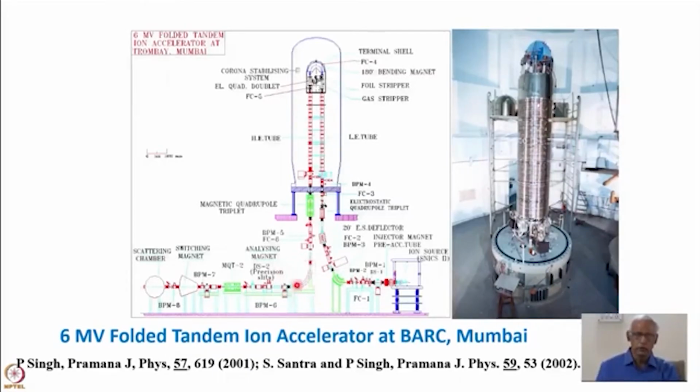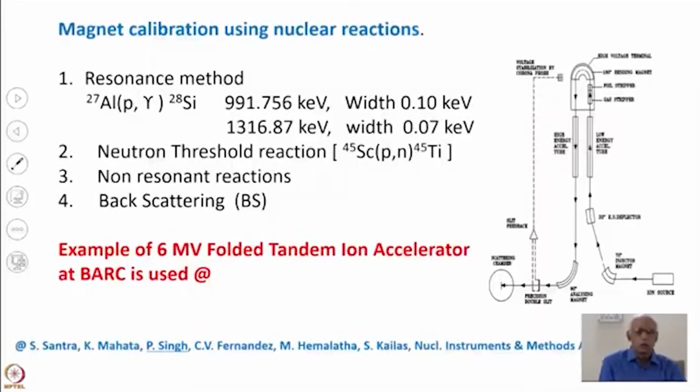That is why it is called determination and calibration. So what we do is we calibrate the magnet using known energies and find out the parameters used for the calibration, and then the final energies of unknown cases can be calculated.